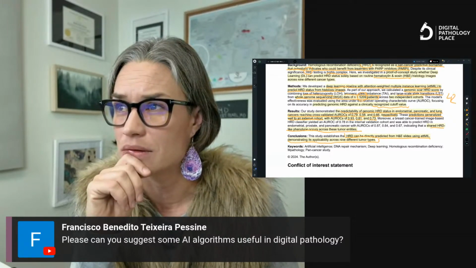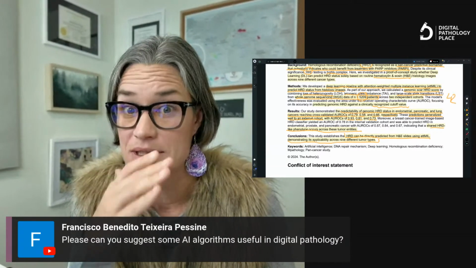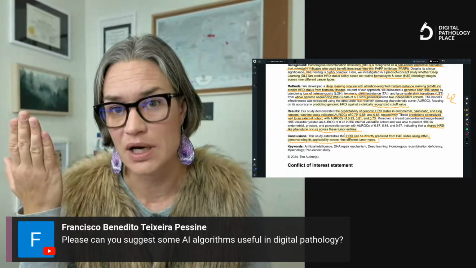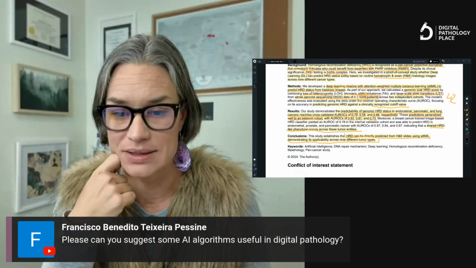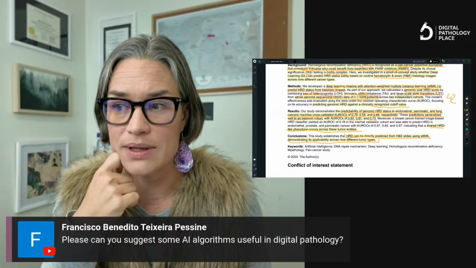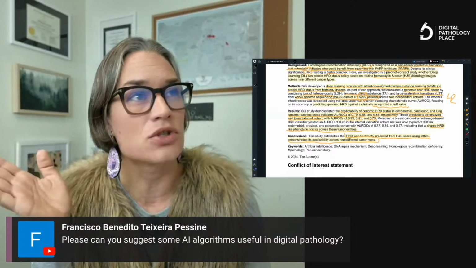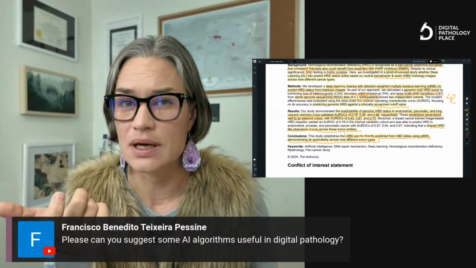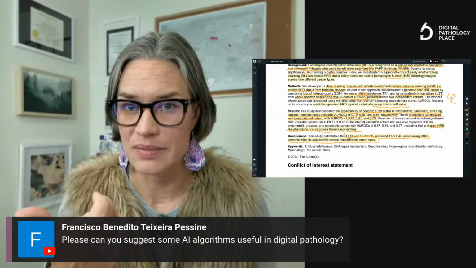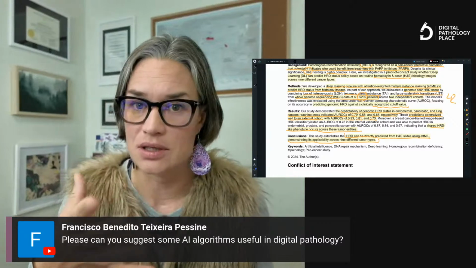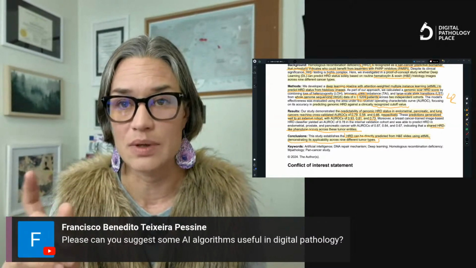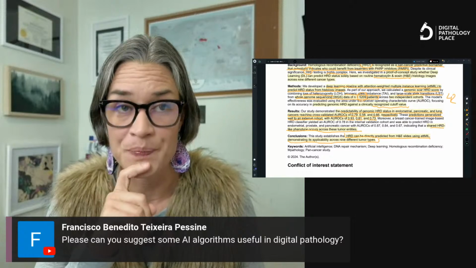I don't remember the website, but you can submit an image even from your microscope camera, and it's going to calculate Ki67 for you. With those online things, you always need to check what rights you are giving to the algorithm provider when you submit the image. Can they use the image? Can they use the data? Do you agree with that? Do you have permission to do that? But this one I know is free.